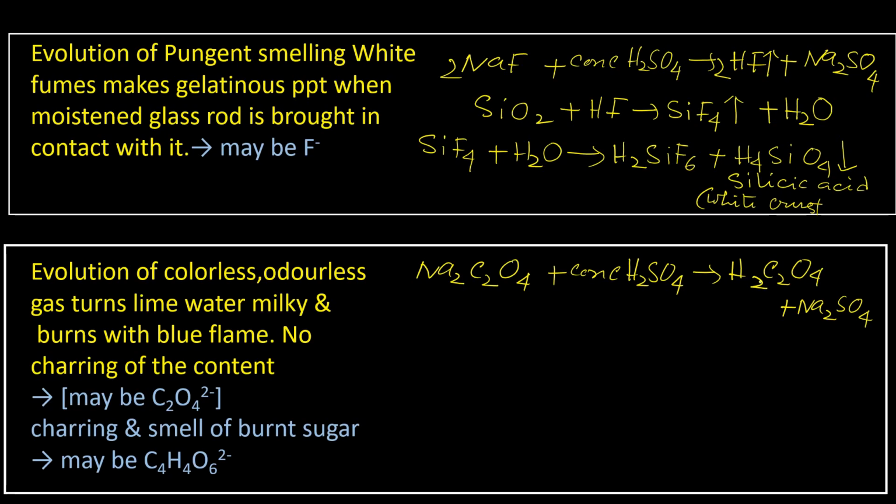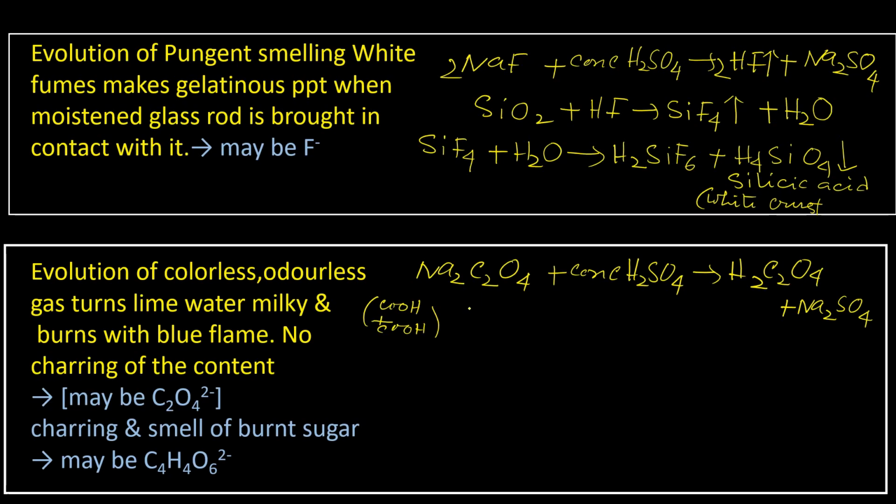It will remove this oxygen and hydrogen from this oxalic acid as water, and here the carbon-carbon bond also breaks. Oxalic acid is this one, COOH, COOH. So oxygen and hydrogen are removed as water and this bond also breaks.